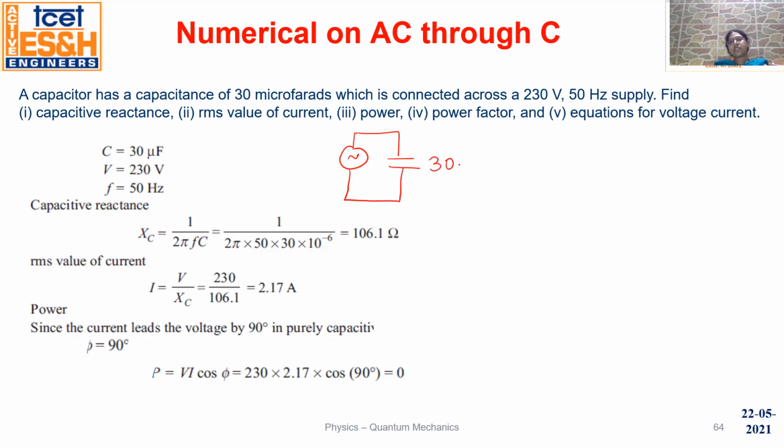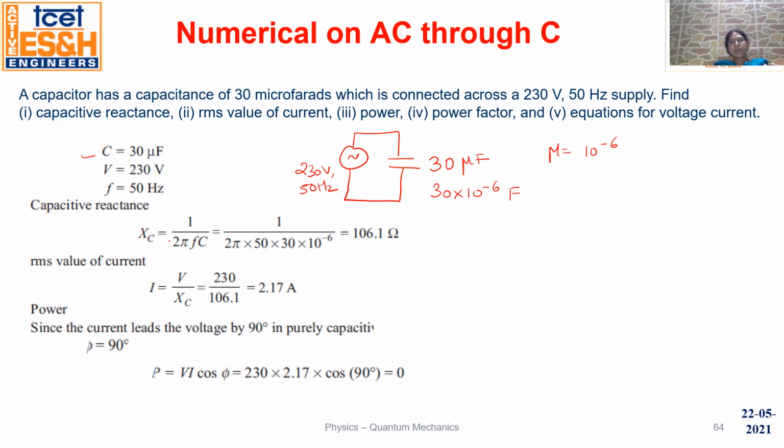The value of the capacitor is 30 microfarad. Micro means 10 to the power minus 6. So you can write C equal to 30 multiplied by 10 to the power minus 6 farad. Voltage is given as 230 volt with 50 hertz frequency.